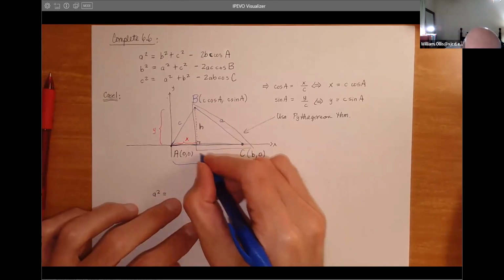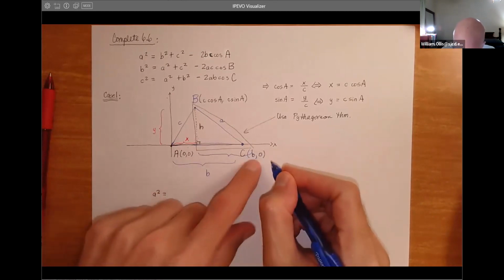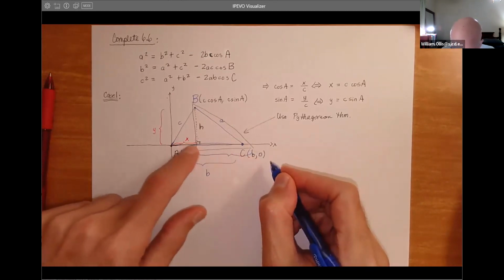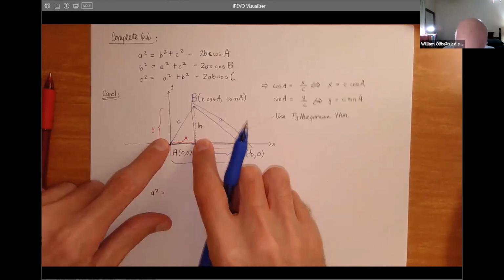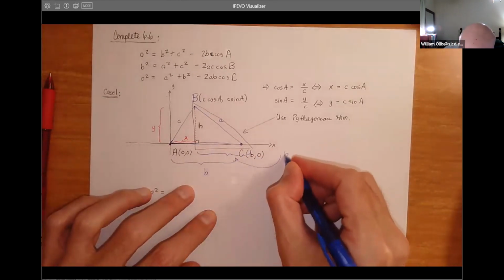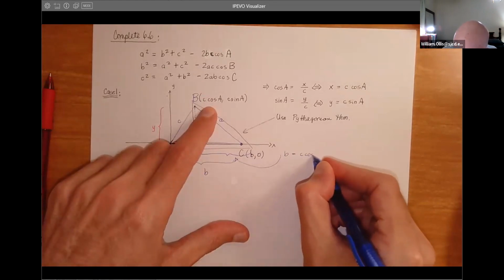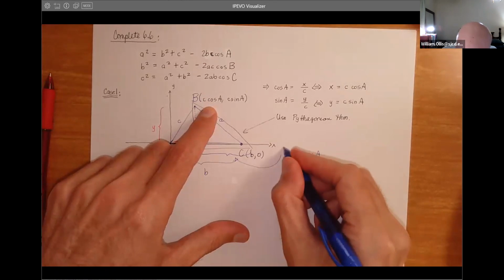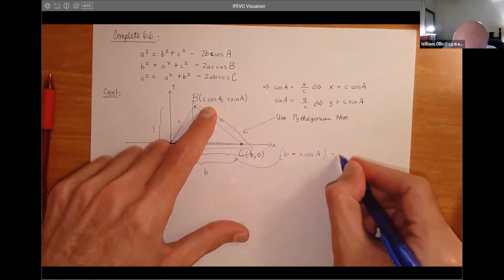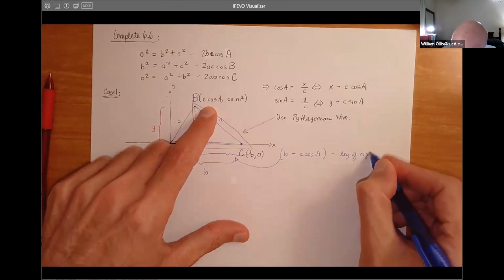This length, and I'll just put it here, will just be b minus the coordinate x here. So here we have b minus c cosine a. So this is a leg of the right triangle.